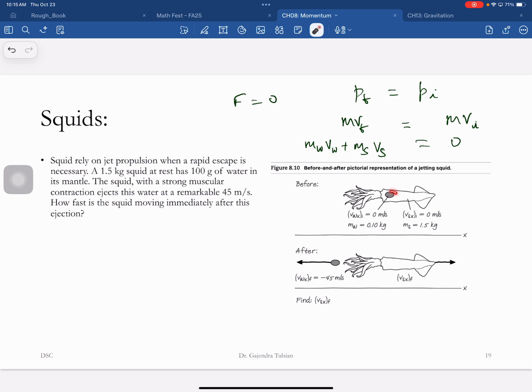When it wants to escape, it squirts out this water at 45 meters per second, about 130 miles an hour.